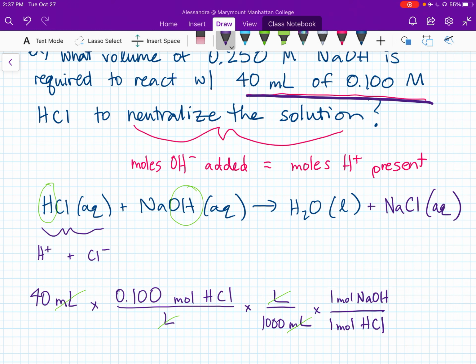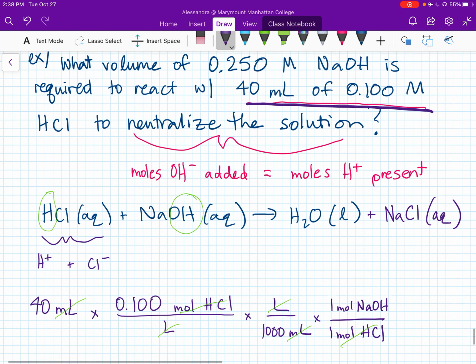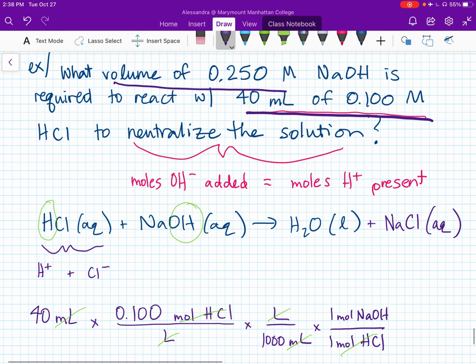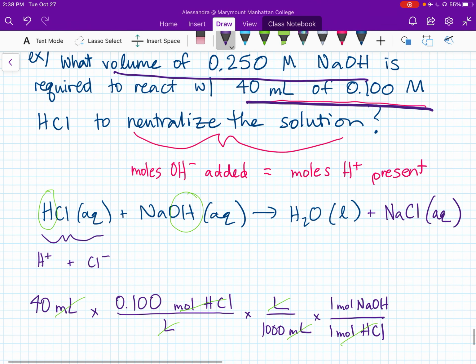So now I can cancel out the moles of HCl. Now all I need to do is figure out the volume by multiplying by the reciprocal of that concentration of NaOH. So I can put the liters on the top and the 0.250 moles on the bottom.